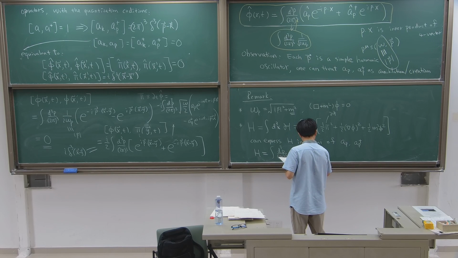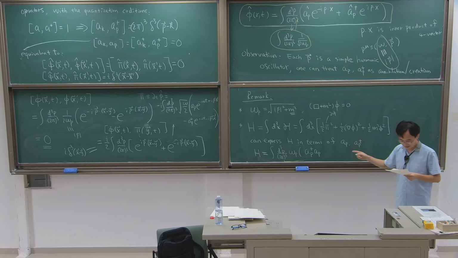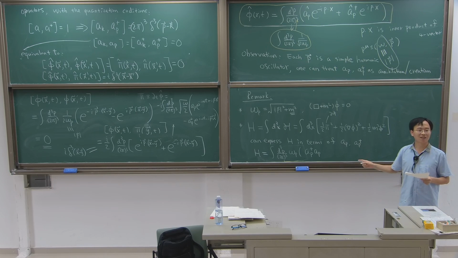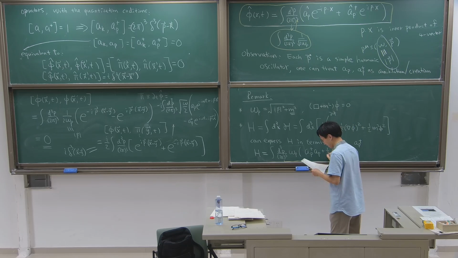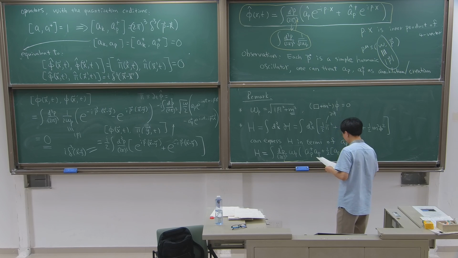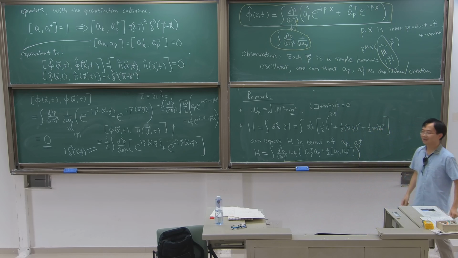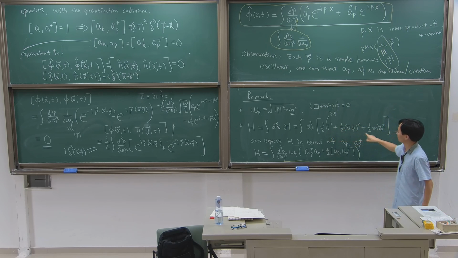Inside the bracket, there will be A_p dagger A_p, basically half of A dagger A and A A dagger. But let me reorganize a little bit. I want to express this in terms of commutators. Then I get such an expression. Okay? This will be my H. You can easily check yourself. This is the result. Just plug the phi expression into this formula.